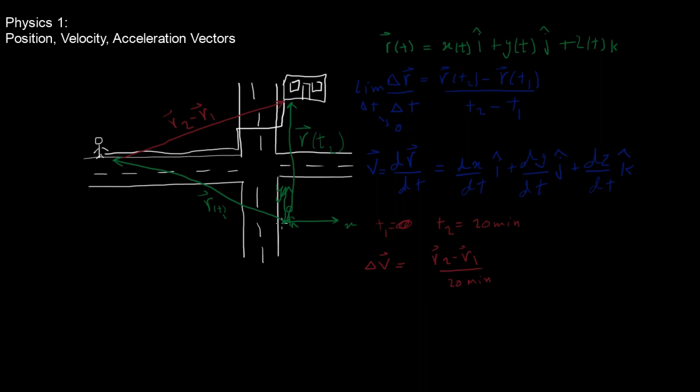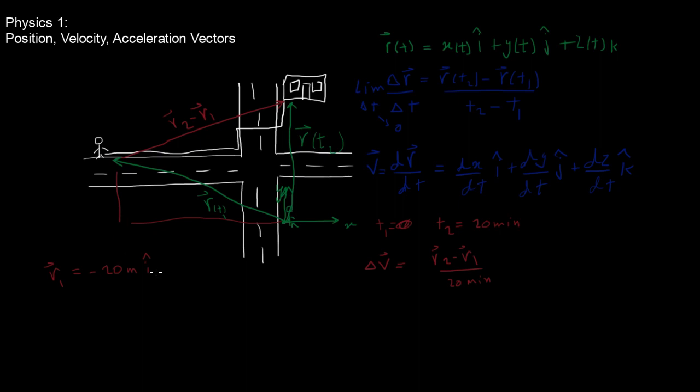So now let's say from here to here it's 20 meters. So that means r1 is equal to minus 20 meters i hat. And from here to here is only 10 meters.